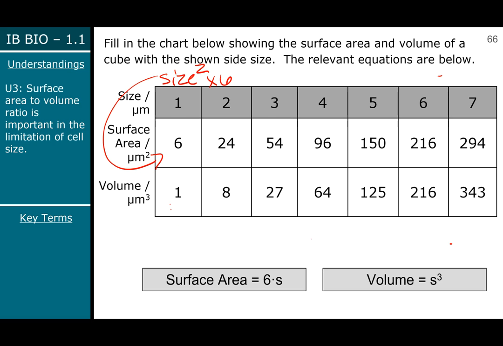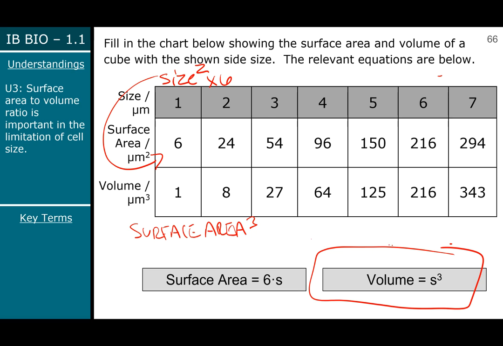And then to get the volume, it's the size cubed. To get the surface area, you have to multiply the side by itself, so squared.